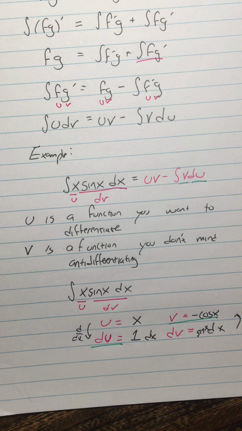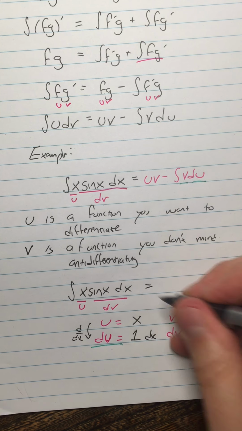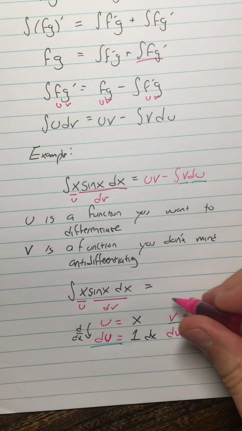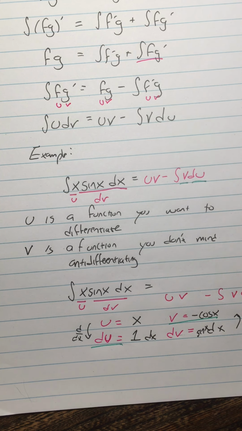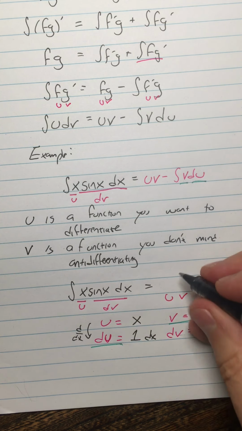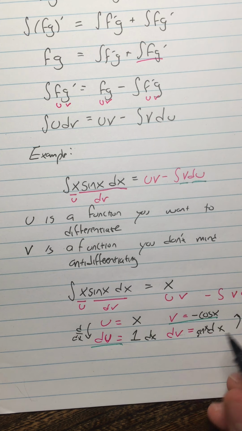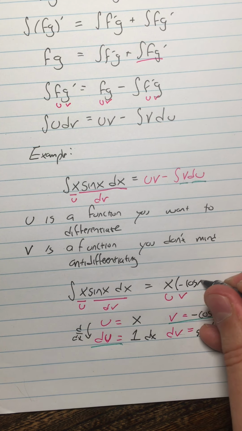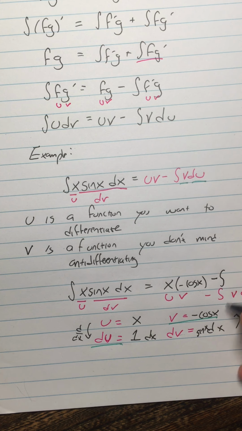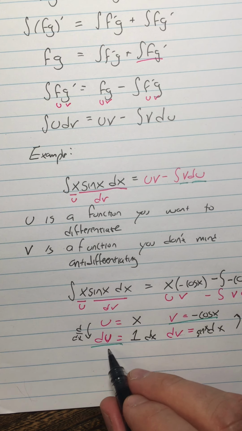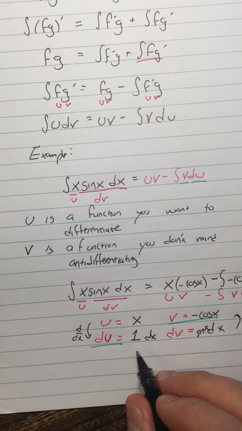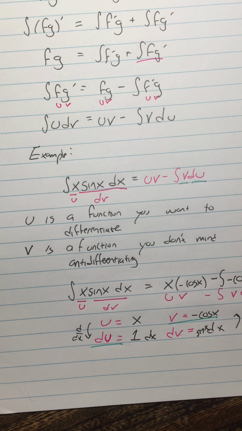All right, so my integral of x sine x dx equals uv minus the integral of v du. So u is x, v is negative cosine x, minus the integral of v, which is negative cosine x, and du is 1 dx, so I can just put dx.